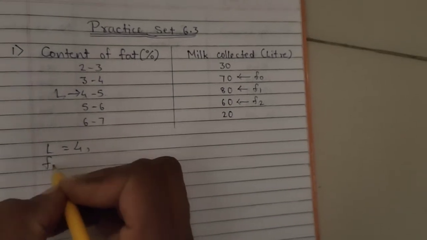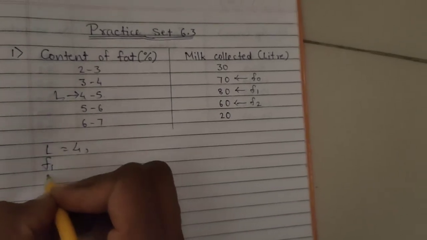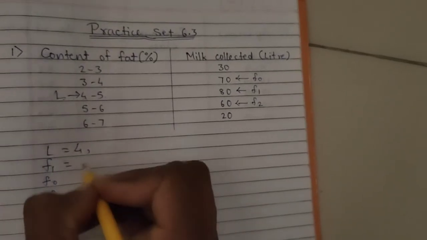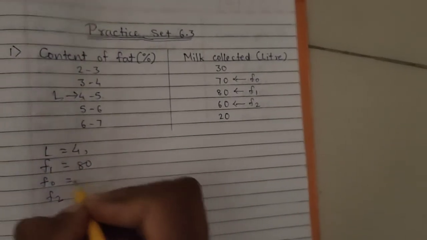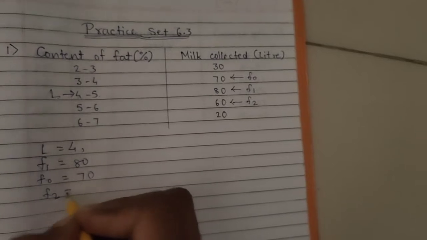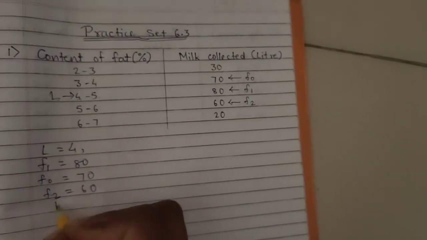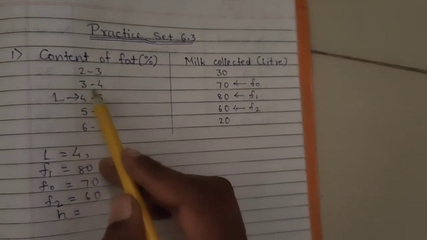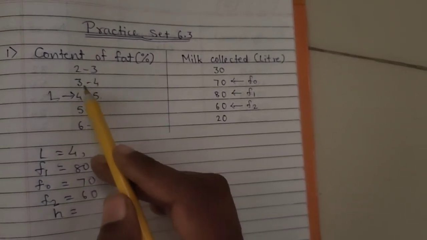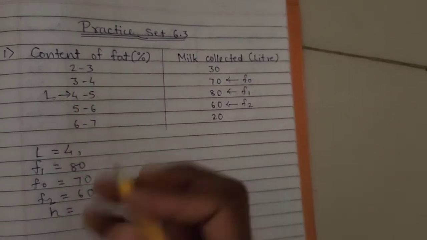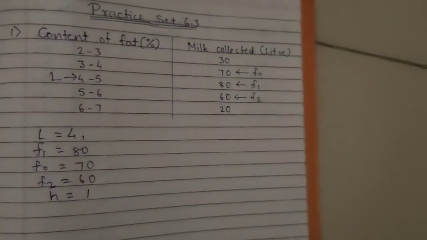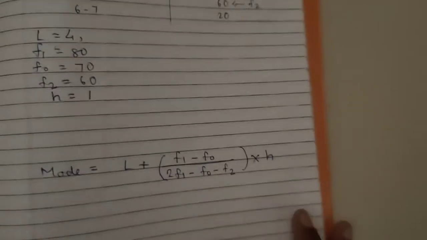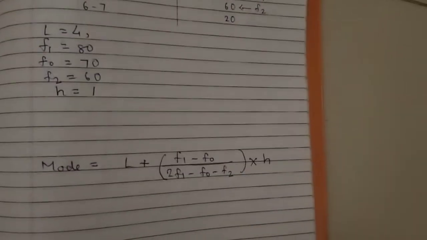What is F1, F0, F2? F1 is 80, F0 is 70, and F2 is 60. And what is H? H is the difference between a lower boundary, or you can take upper boundary. So here the difference is of 1, so H value is 1. Okay, so we have all the values. Now we can substitute all the values in this formula to get the mode.